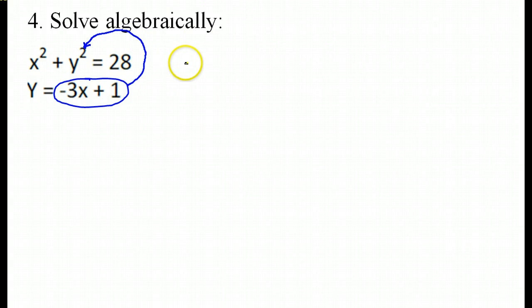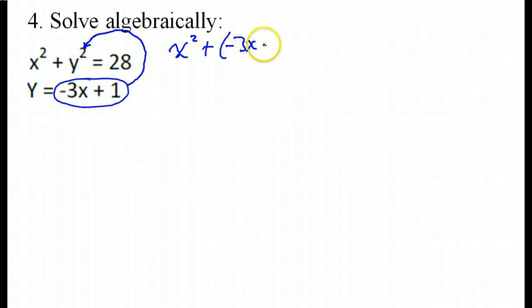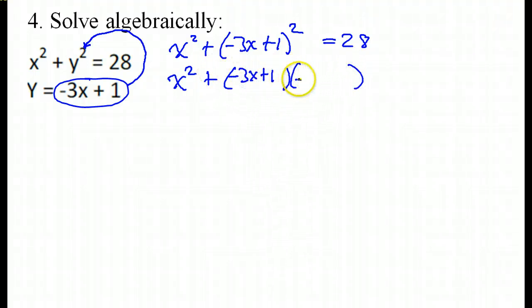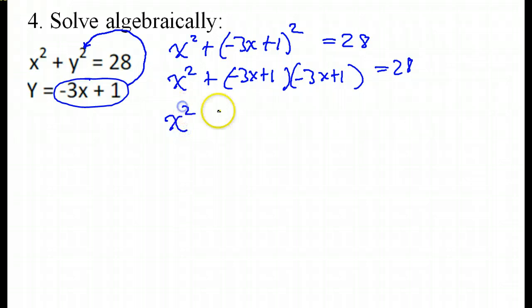So that's going to give me x squared plus, and then negative 3x plus 1 squared is equal to 28. So that'll be x squared plus, and then I'm doing negative 3x plus 1 times negative 3x plus 1 is equal to 28. And that's going to give me x squared.